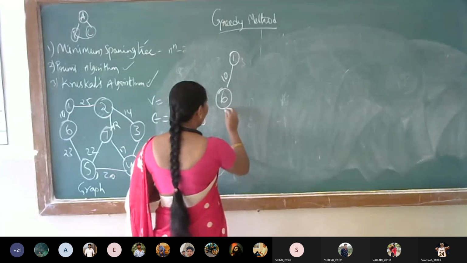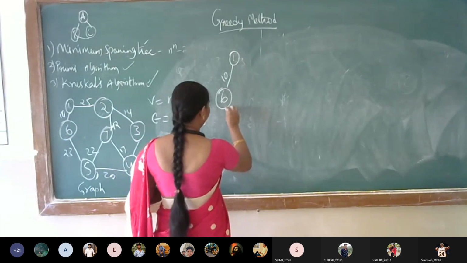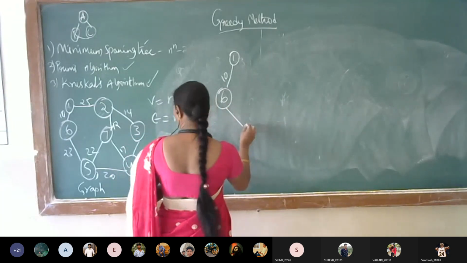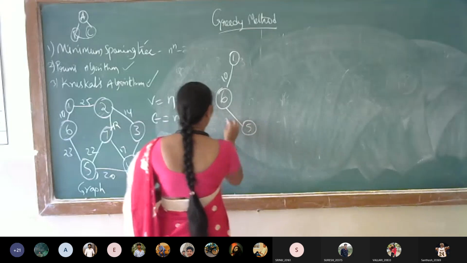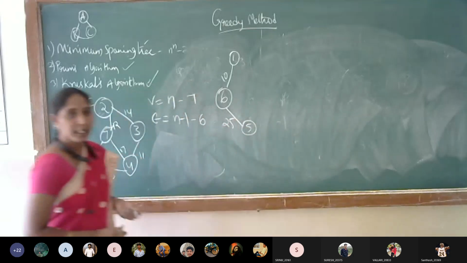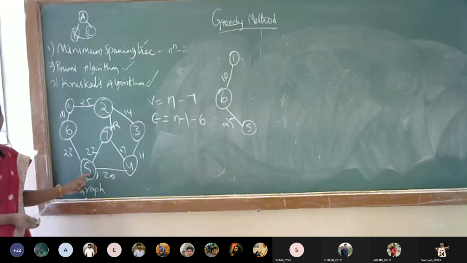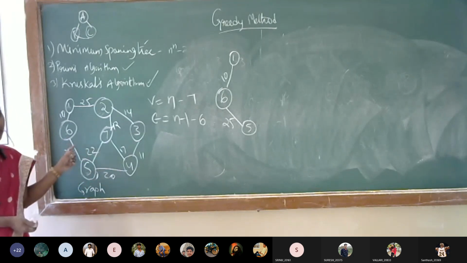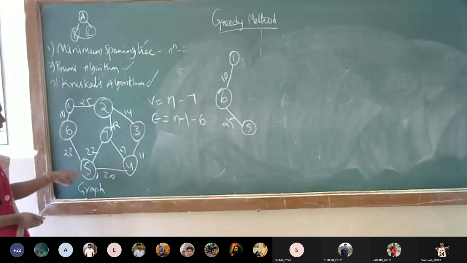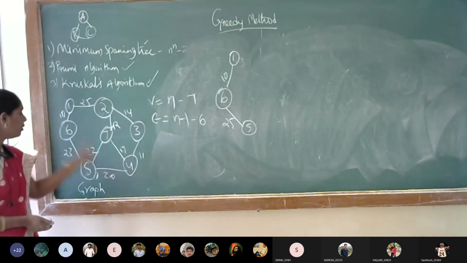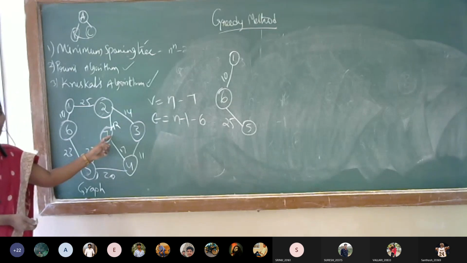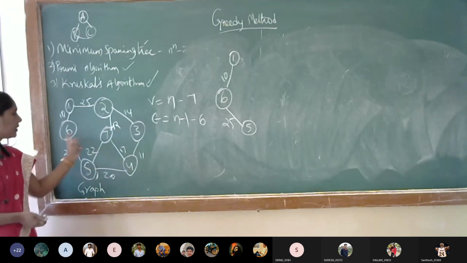Okay, so next it will be taking 25. Okay, next, after coming to the fifth vertex, it will be finding what are the different kinds of adjacent vertices it is having: 4, 6 and 7.